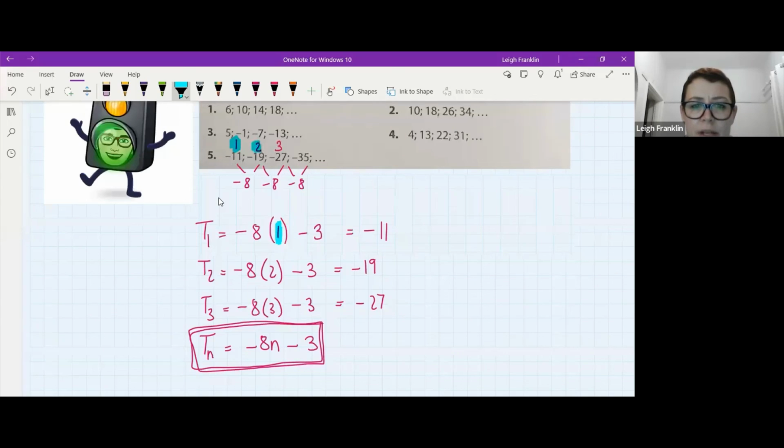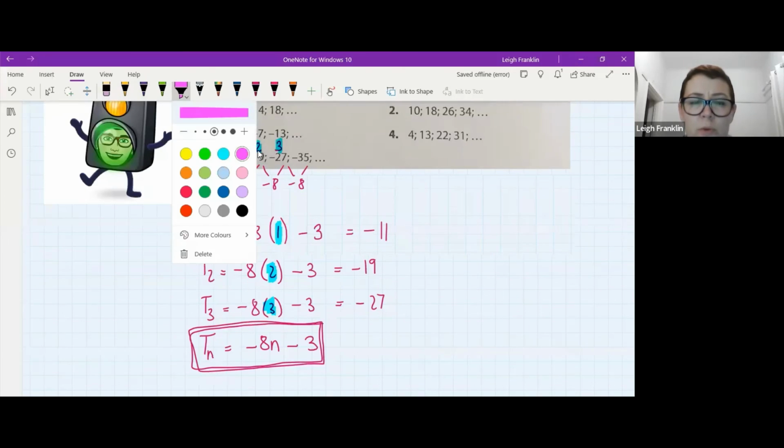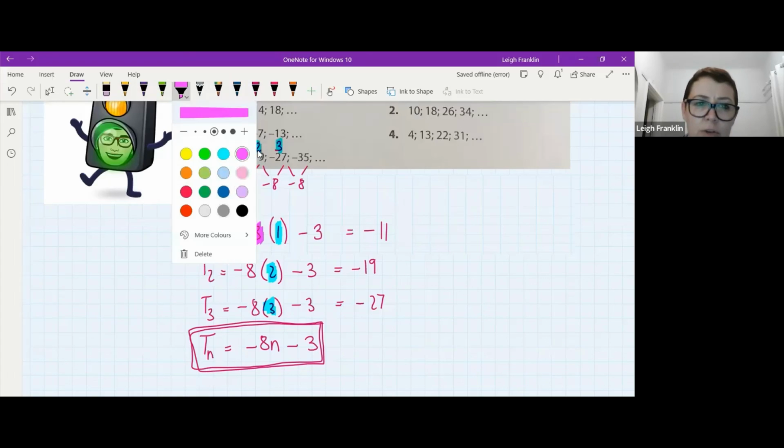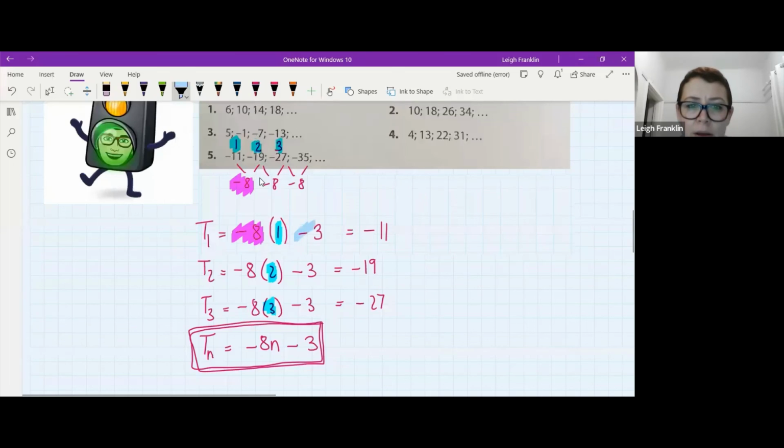And that 2 goes in there, and this 3 over here, it goes in here. -8 is your difference, and that becomes your multiplier. So the difference between the terms is what you are timesing each input, highlighted in blue, by. And then in order to get the answer that actually comes out, you either need to add or subtract. In this case, you had to subtract 3 each time to get your answer.